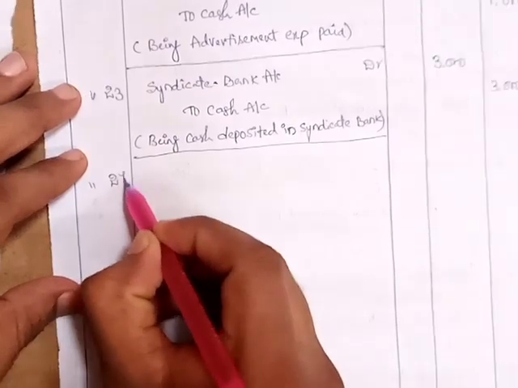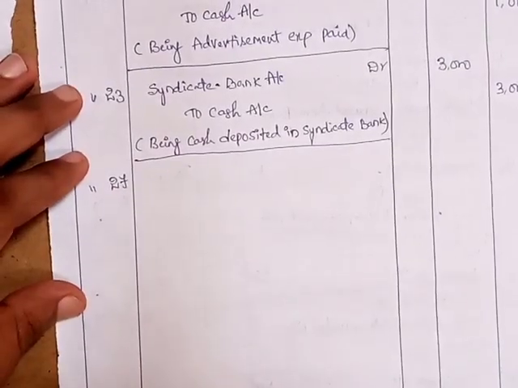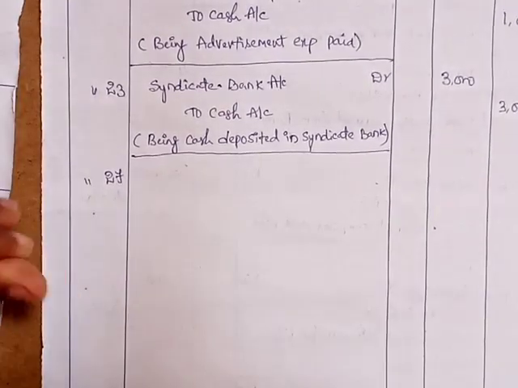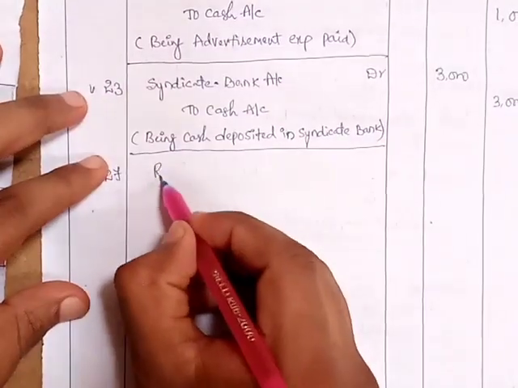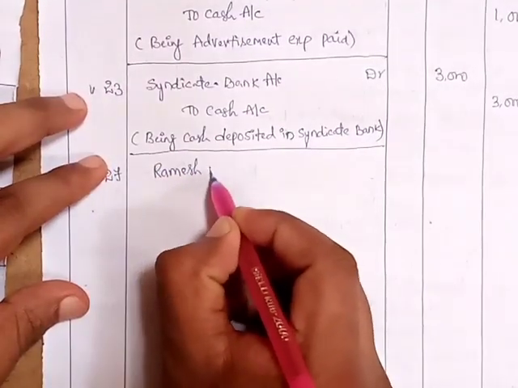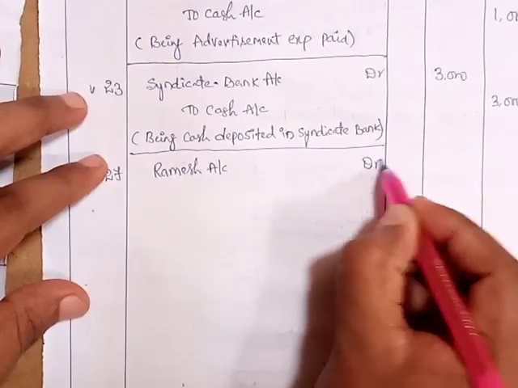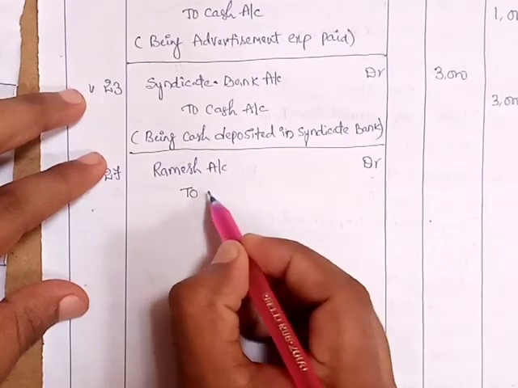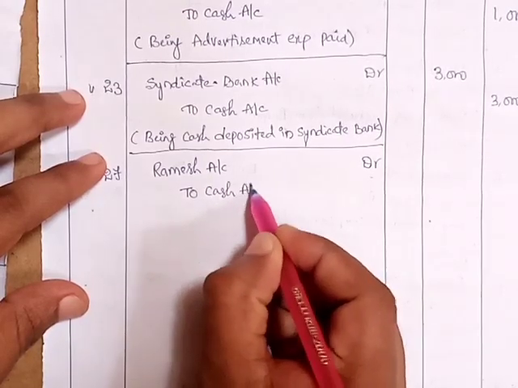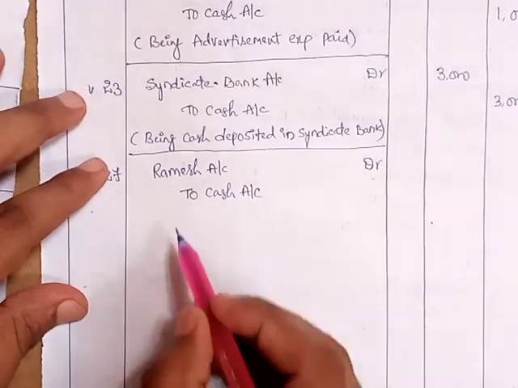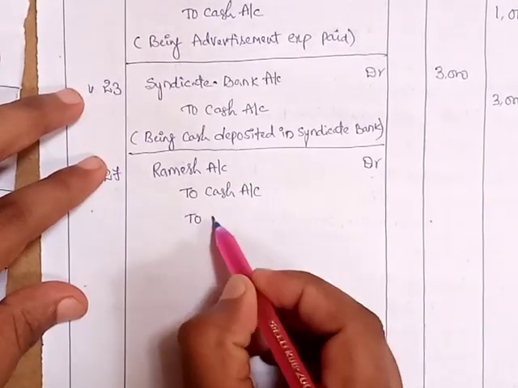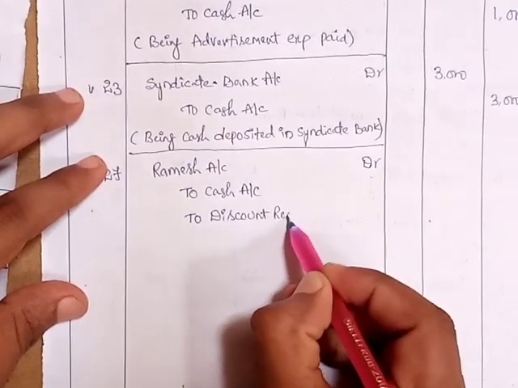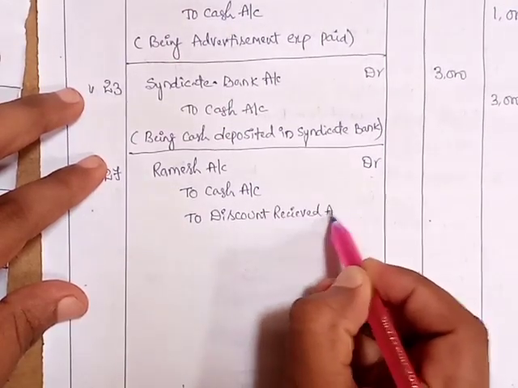27th, first we have to write the debit aspects one by one, but here only one debit aspect is there, that is Ramesh account debtor, and two credit aspects are there. So first one is cash account, and second one is discount received account.